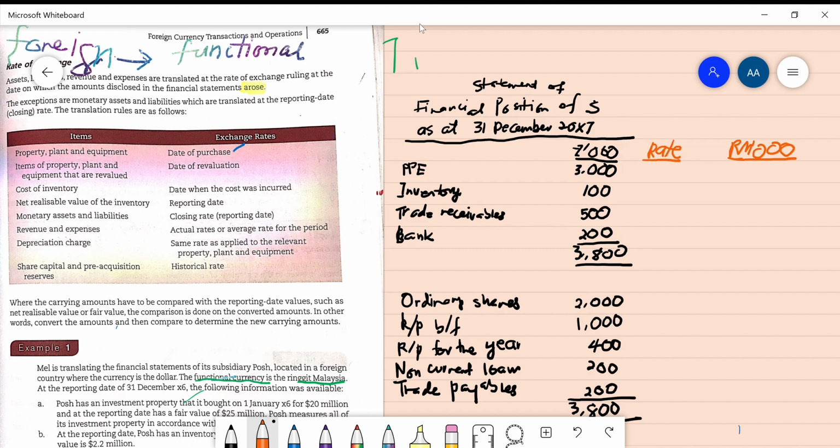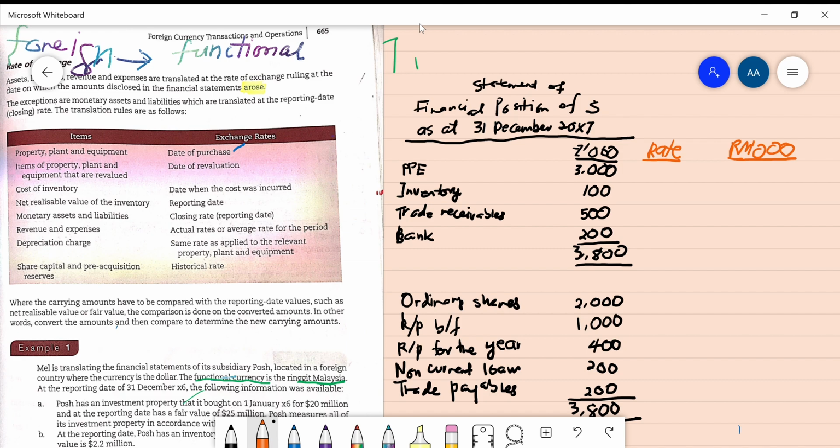So effectively, that is when the property, plant and equipment is brought into the financial statement position of S. So for the property, plant and equipment, will we use the rate as at 1st January X7, because although it is not stated when it was purchased, that is the day when control of S is achieved by H.